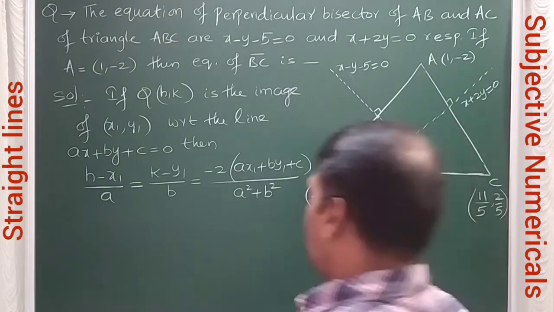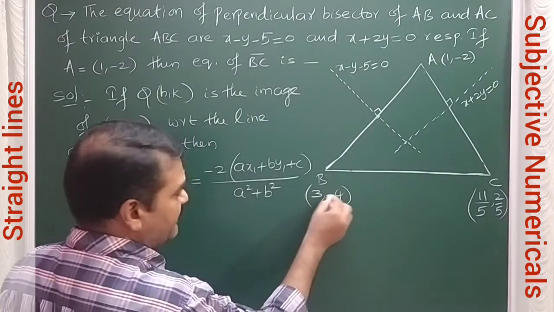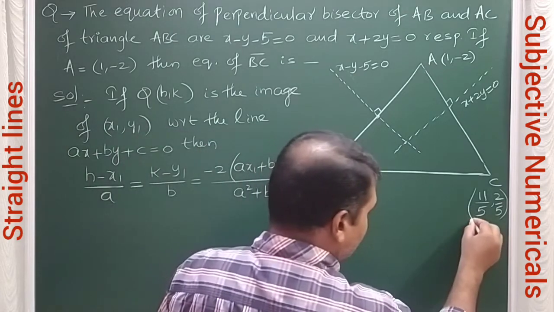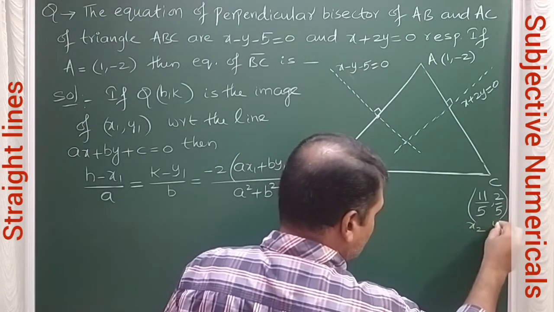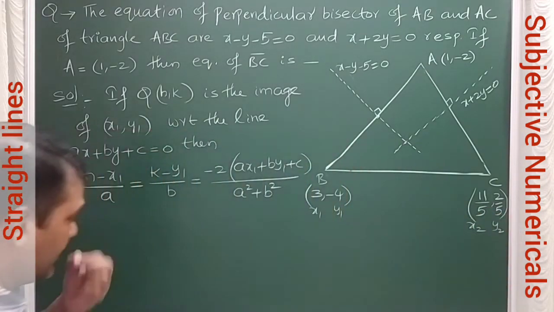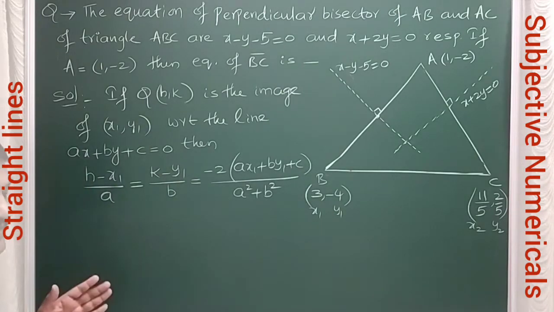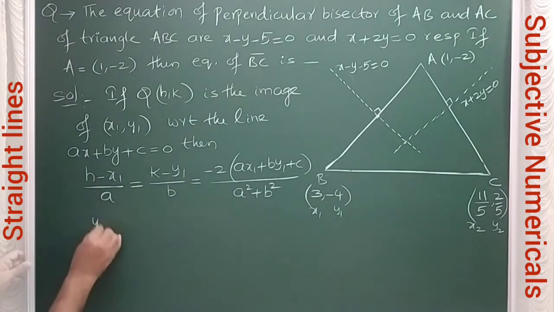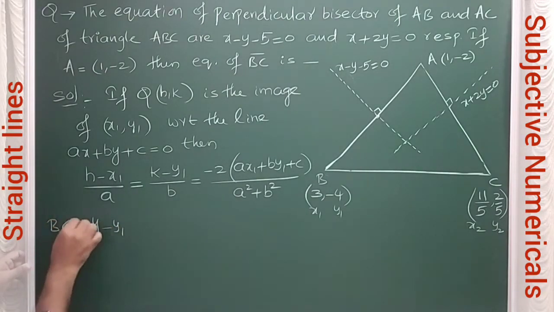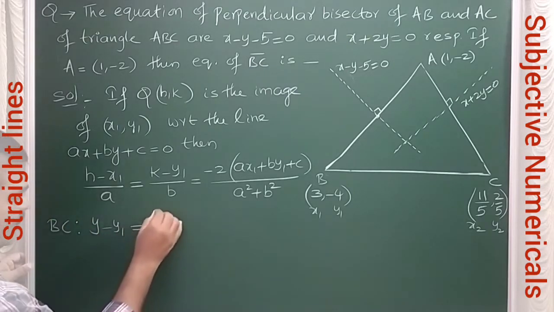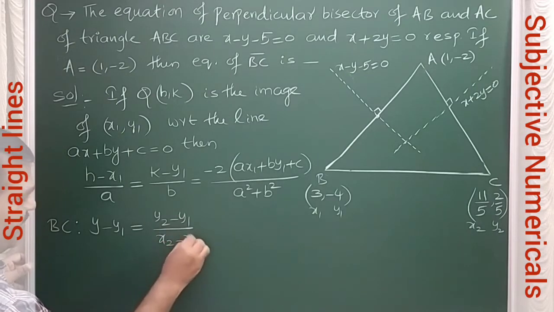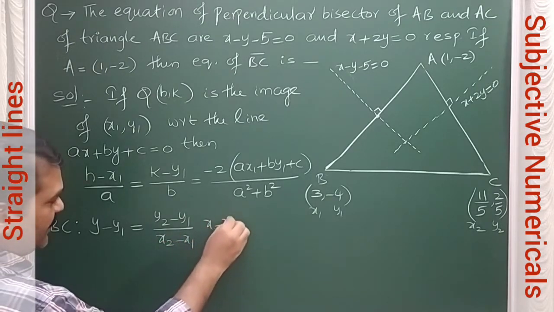To find the equation of BC, I will take this point as x1, y1 and this point as x2, y2. So what is the 2-point formula to find the equation of BC? y minus y1 is equal to (y2 minus y1) by (x2 minus x1) into (x minus x1).